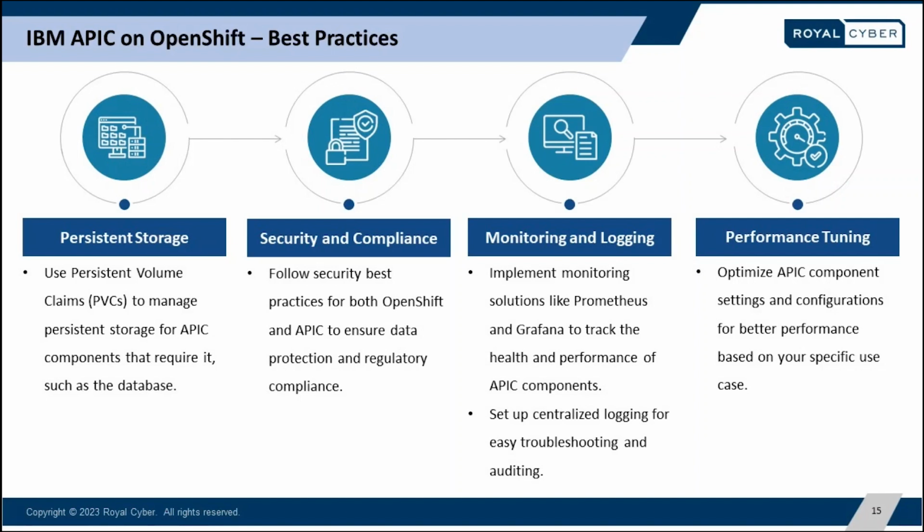Security and compliance: adhere to security best practices in OpenShift and APIC to guarantee data protection and regulatory compliance. Monitoring and logging: implement Prometheus or Grafana, different tools you can use for monitoring APIC health and performance, and establish centralized logging for streamlined troubleshooting and auditing.